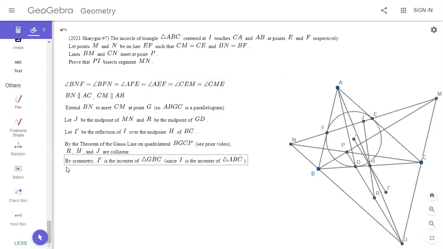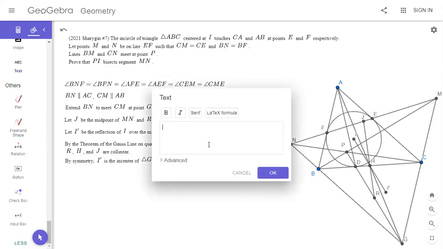And then we have angle EMF is equal to angle CME, implies GM equals GN, implies GI prime and E are collinear, or GI prime and J are collinear. Okay.